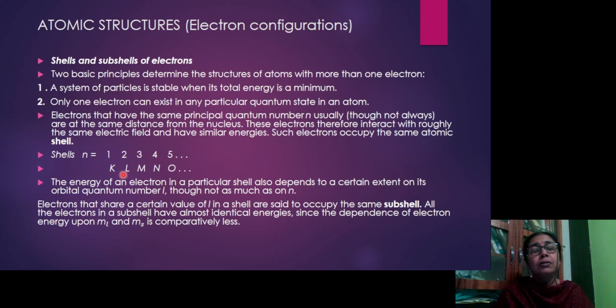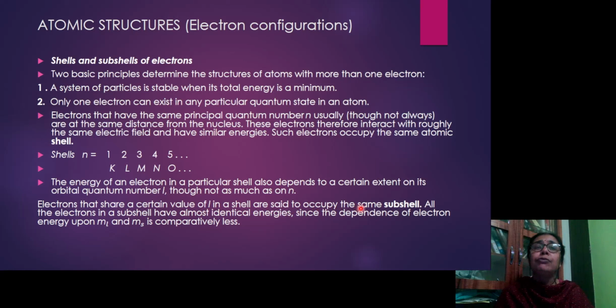These orbital quantum numbers L, each one of them is associated with a letter. For example, L equal to 0 is called the S subshell. L equal to 1 is called the P subshell. So electrons which share a certain value of L in a shell are said to occupy the same subshell.